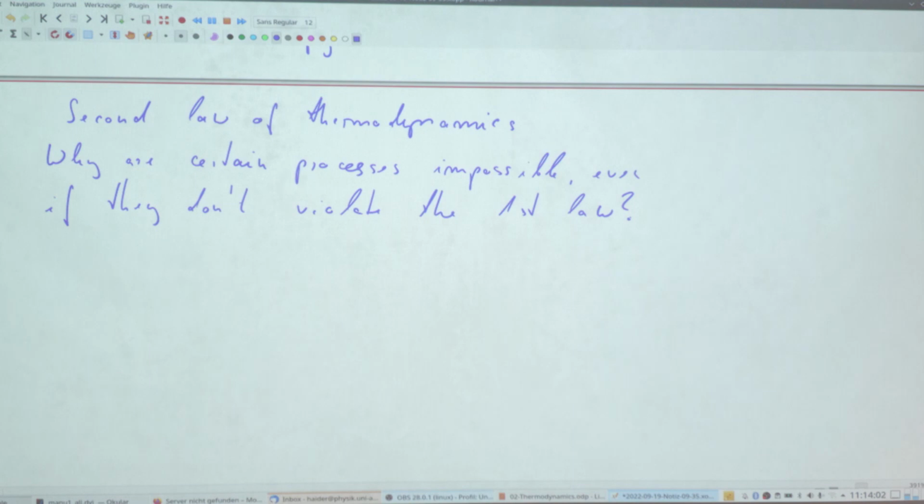Energy conservation is okay, so something else must be there. And the answer is there is a second law.